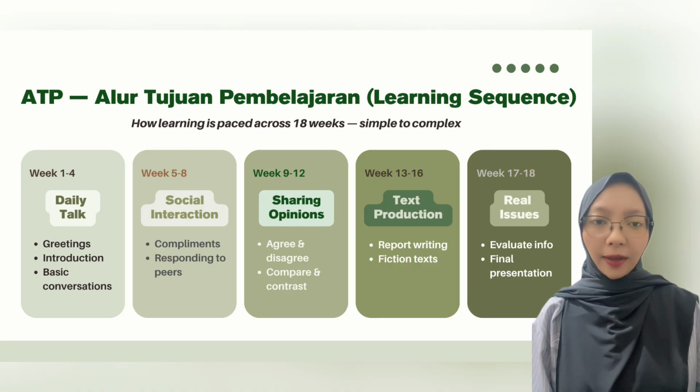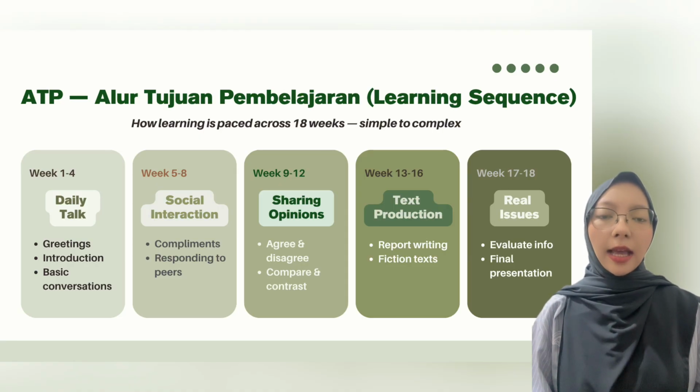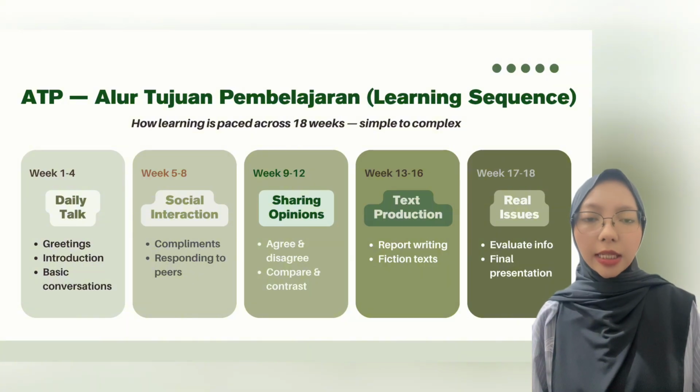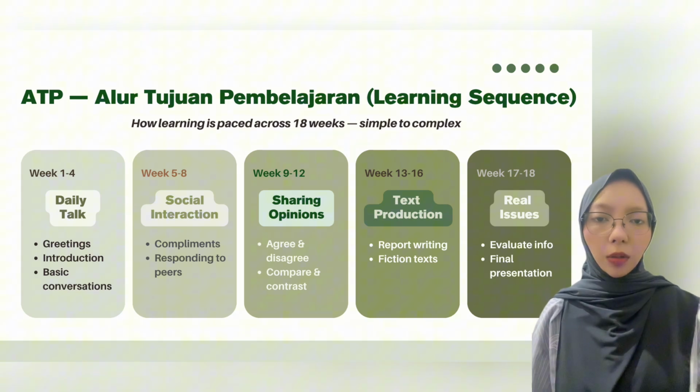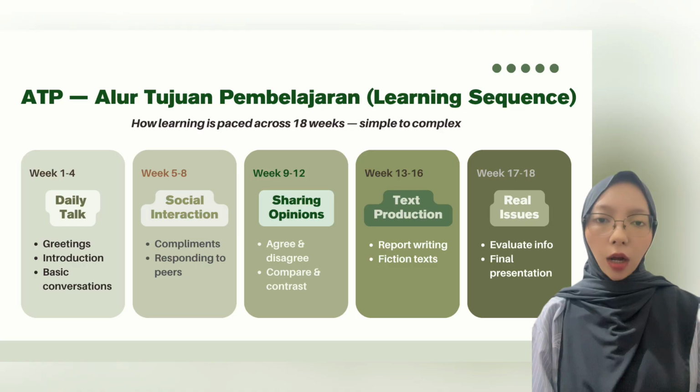Next is ATP, and this is how I pace the learning across 18 weeks, moving smoothly from simple to complex topics. In week 1 to 4, I start with daily talk, covering basic greetings and introductions. In week 5 to 8, I move into social interaction, like giving compliments and responding to peers. By week 9 to 12, I step up to sharing opinions, learning how to agree, disagree, and compare ideas.